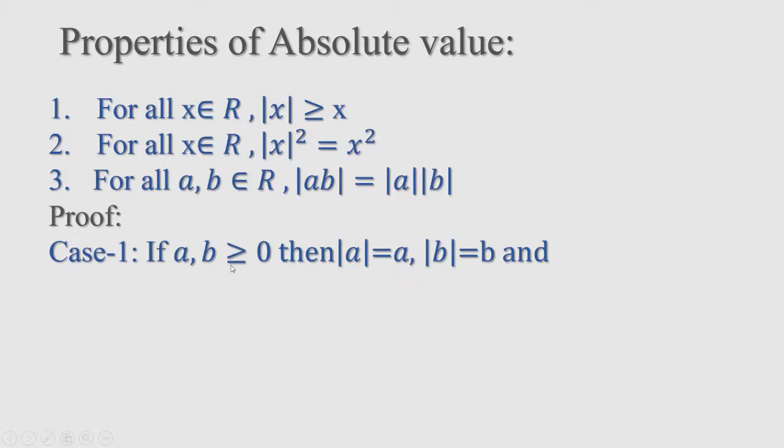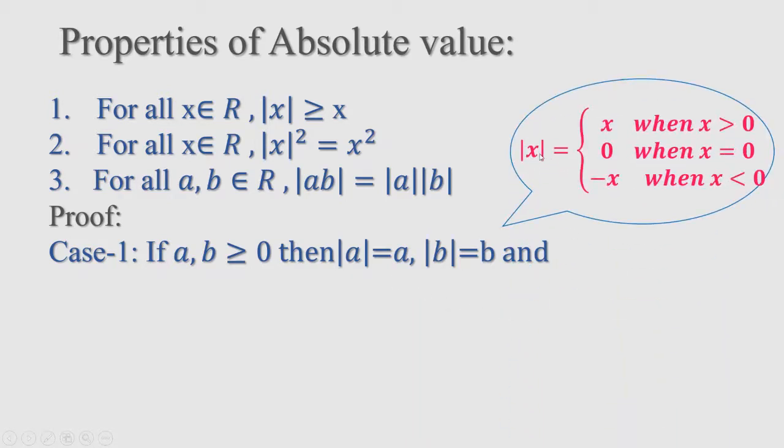Proof. First case, if we take a and b both non-negative, then from the definition of modulus we get x when x is positive, 0 when x is equal to 0, and minus x when x is negative.